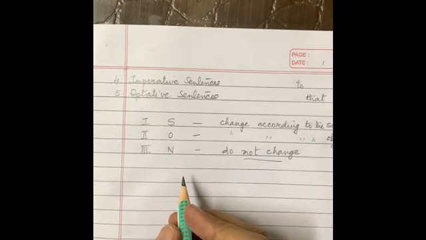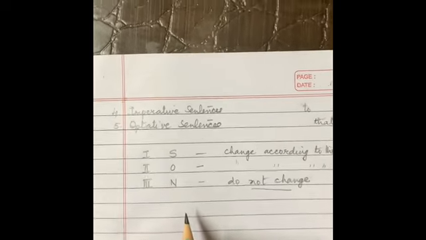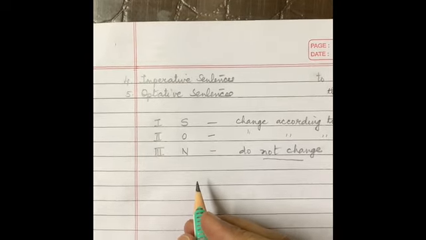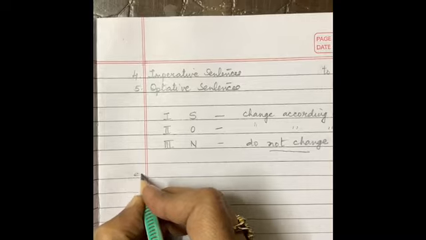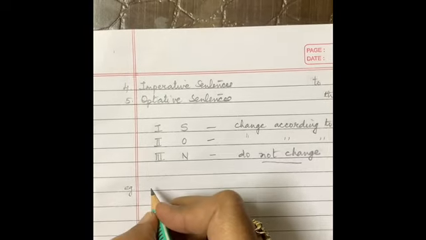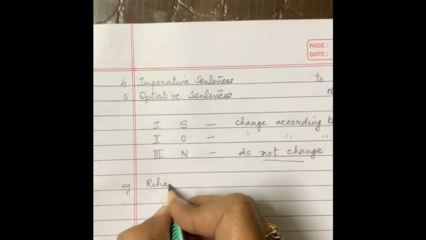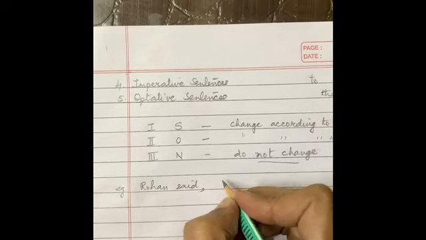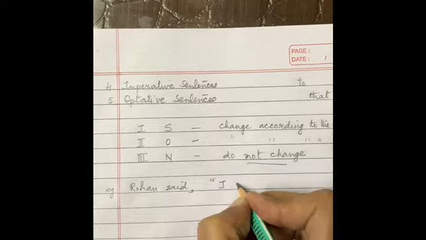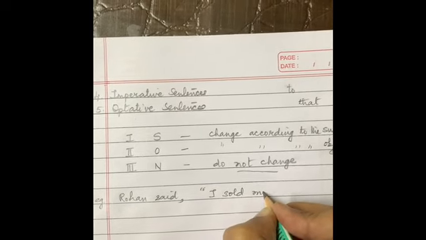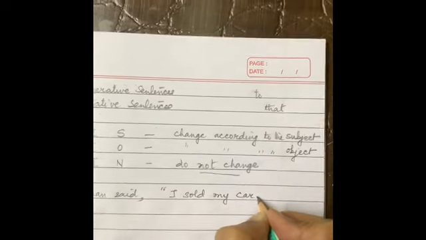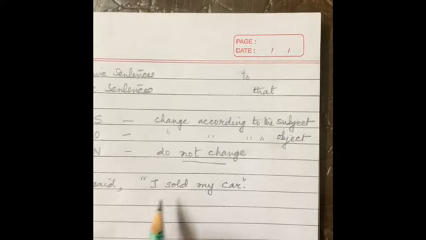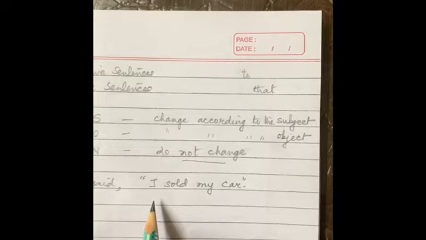And students, let us do this by using the examples so that it will be more clear to you people. Rohan said, "I sold my car." So which person pronoun is I? First person pronoun.